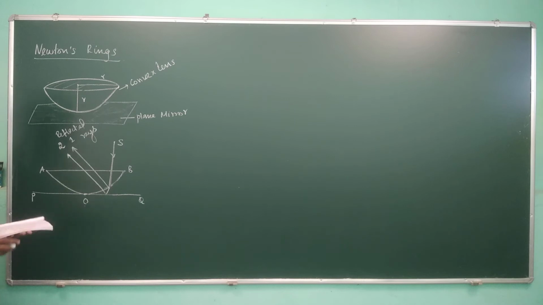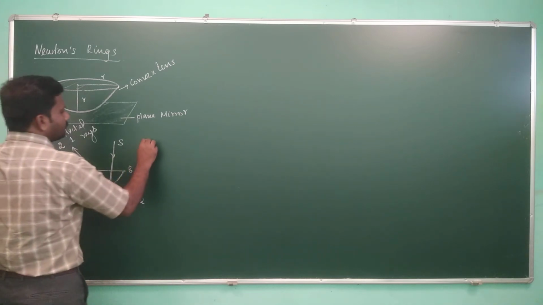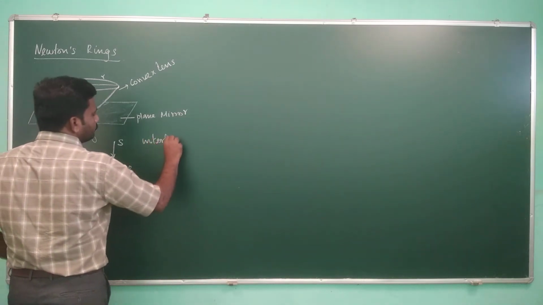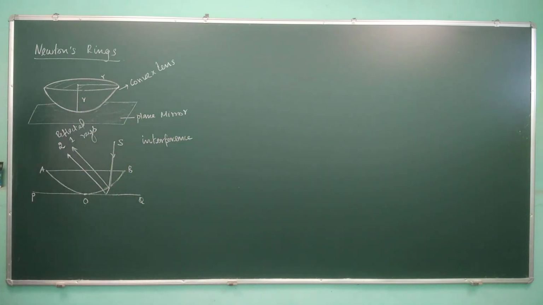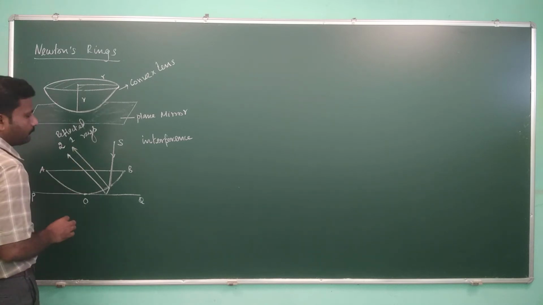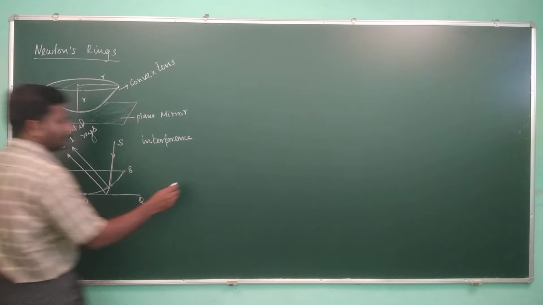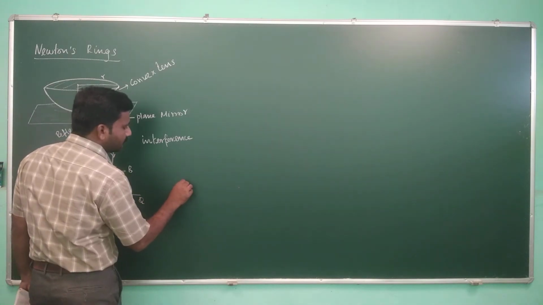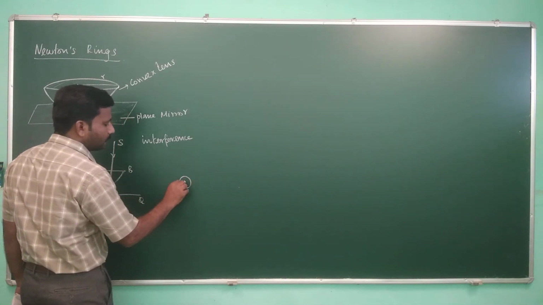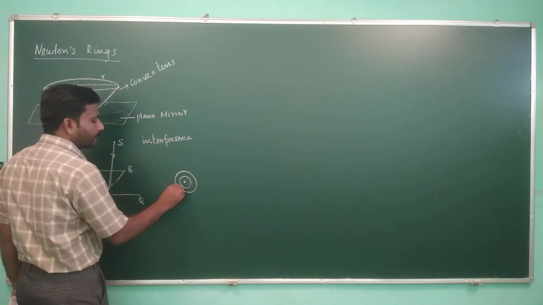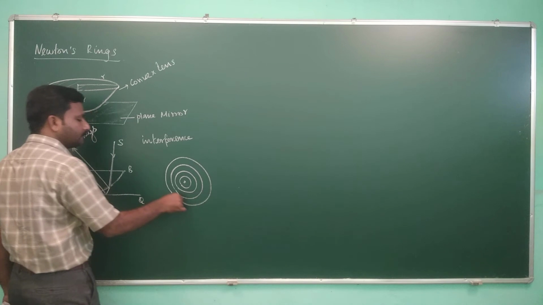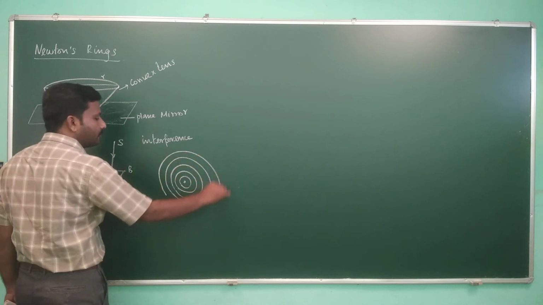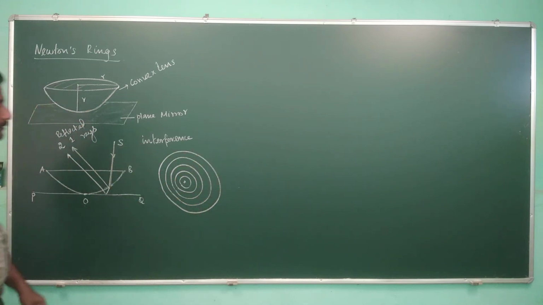These reflected rays undergo interference, and due to the interference, it forms concentric bright and dark circles or bright and dark fringes like this.